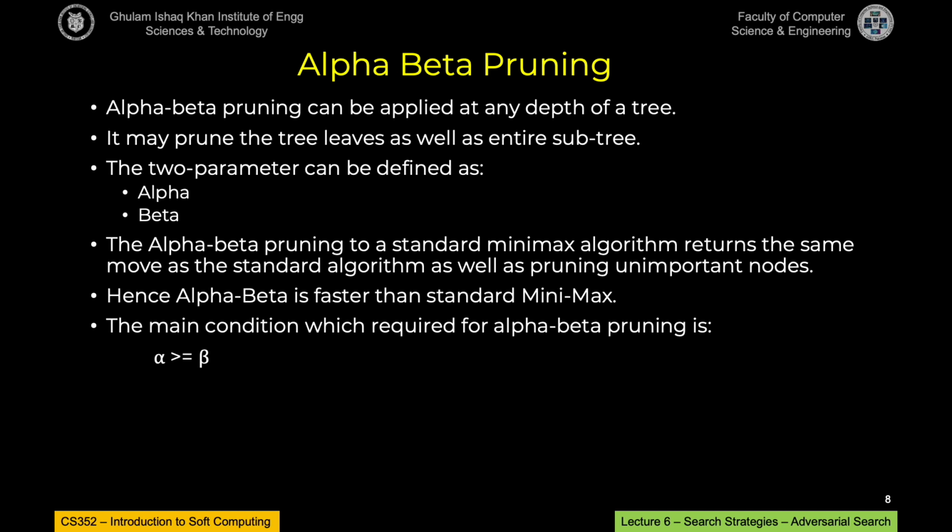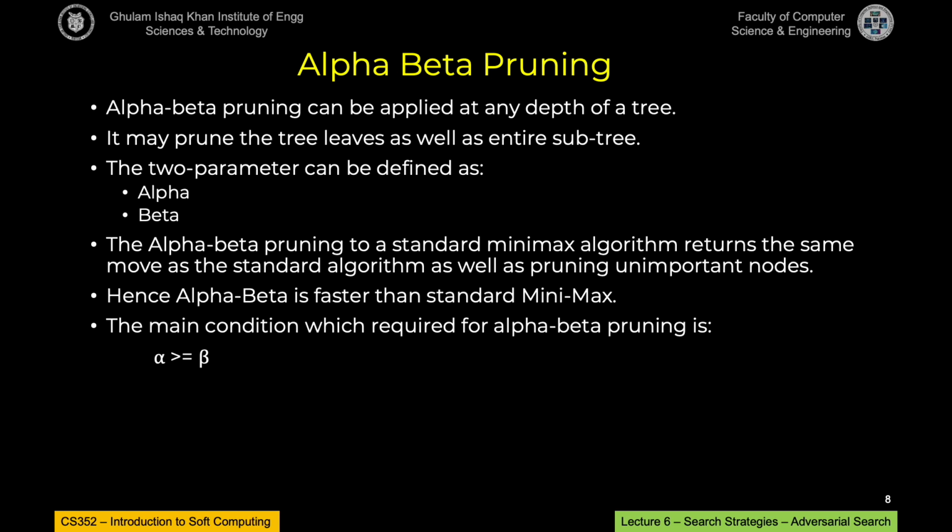So if you use alpha beta pruning or you do not use it with Minimax, the results will always be the same for both cases. The only difference is that with alpha beta pruning, you might remove nodes that are not so relevant, and in that case alpha beta pruning will run much faster than the simple Minimax algorithm.